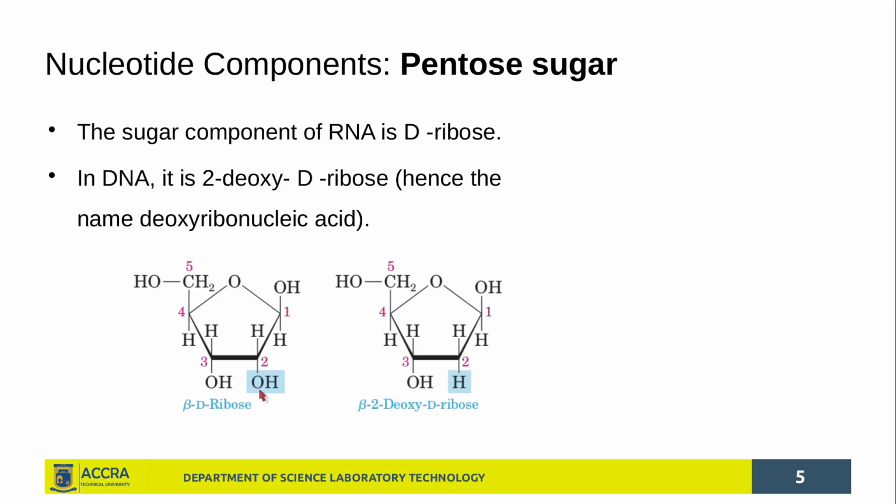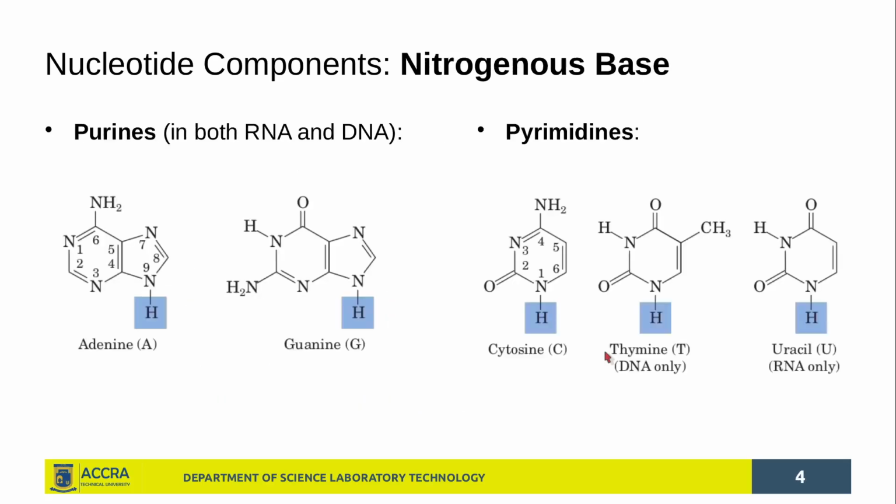So you notice this difference between the pentose sugar which you find in RNA and DNA. So far you can see the differences which are between these DNA and RNA. When we're talking about the nitrogenous bases, we've talked about the fact that in DNA you find only thymine.